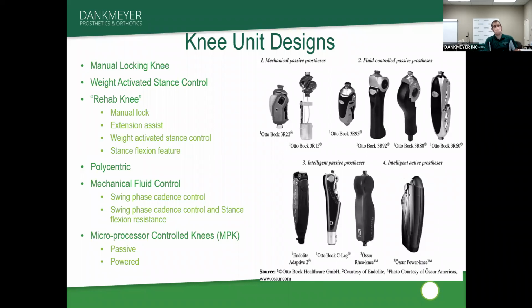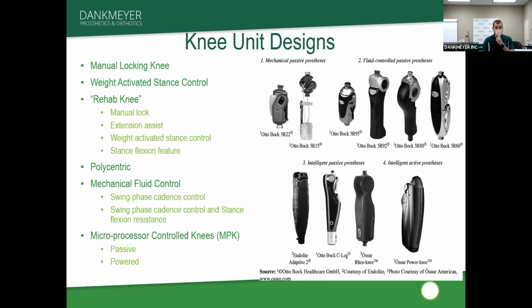But on the lower end, you actually have the really simple mechanical knees. They typically can have a manual lock. They will typically have an extension assist mechanism and weight activated stance control, which means once the prosthesis is weighted to a certain amount, the knee locks. It won't bend in flexion.